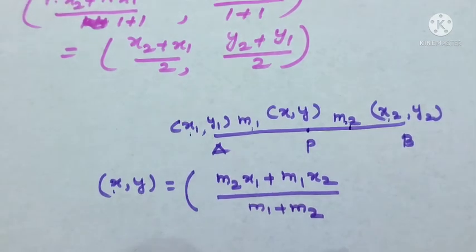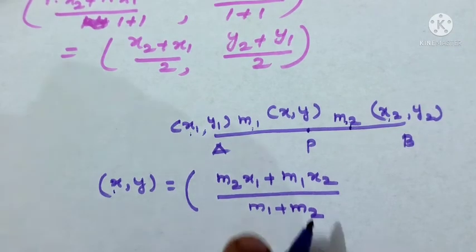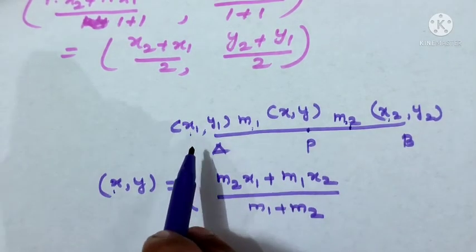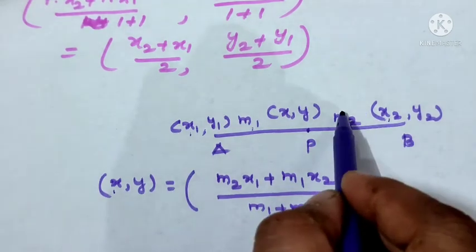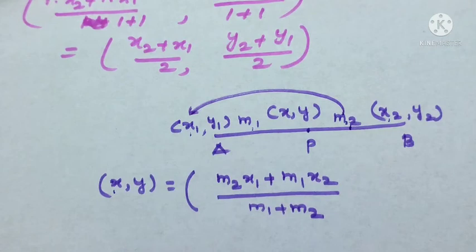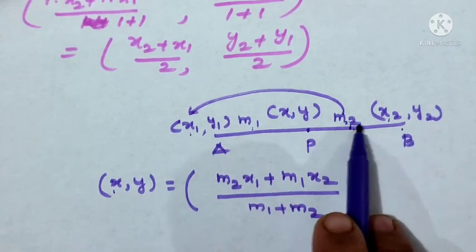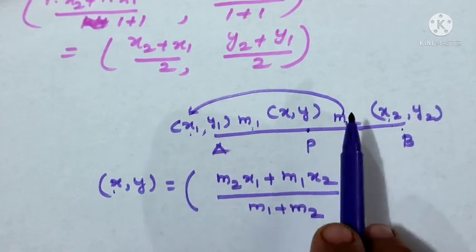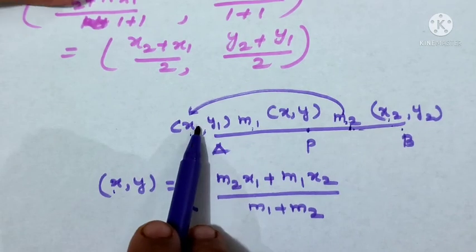How are we writing the coordinate? This is the easy way to remember the formula. When we are writing the second ratio, the coordinate will be from the first point. See, m2, far away coordinate, not the close one. m2 x2 we cannot write. m2 if you are taking, x1 we have taken, right?